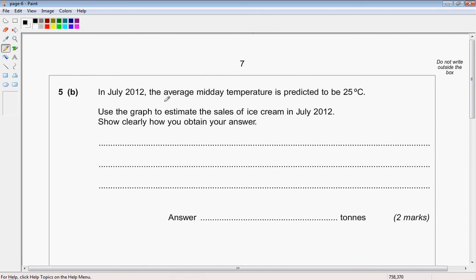So the next question, in July 2012, the average midday temperature is predicted to be 25 degrees C. Use the graph to estimate the sales of ice cream in July 2012. Show clearly how you obtain this answer. So they think it's going to be about 25 degrees.